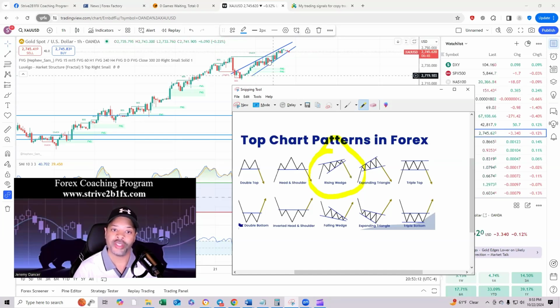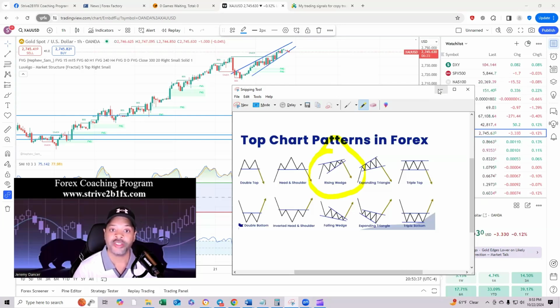So you have this nice uptrend going, and then all of a sudden, once the candles break the support line on the rising wedge, that's when we start to see a bearish breakout. Now, when it comes to using wedges, these patterns are 70 to 80% accurate.